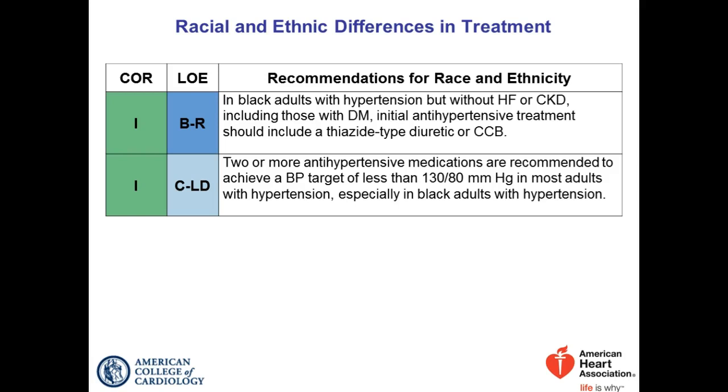The other thing that's important that I already mentioned is that for Black adults with hypertension but without heart failure or chronic kidney disease, including those with diabetes, the initial antihypertensive should include the thiazide diuretic or calcium channel blocker because that has better effect.